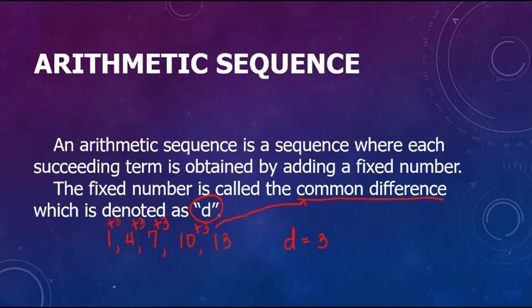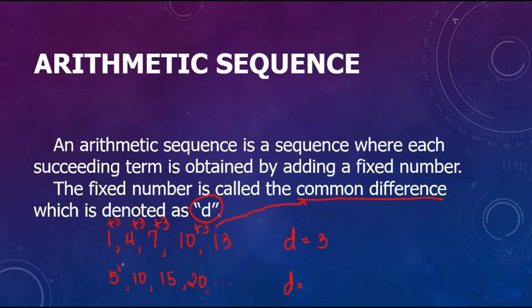Okay. Another example, if we have 5, 10, 15, 20, and so on. What is the common difference of this arithmetic sequence? If we observe this sequence, we can notice that we constantly add 5 to each term to obtain the succeeding term.